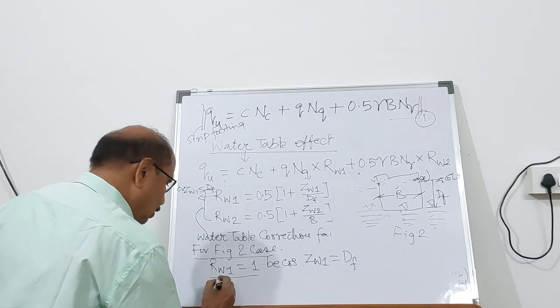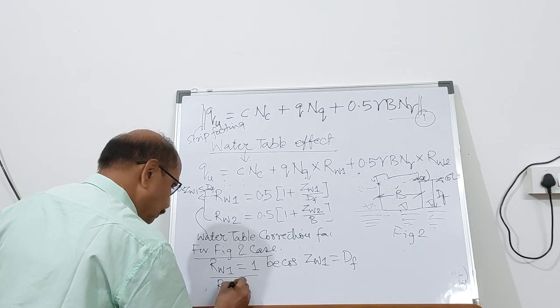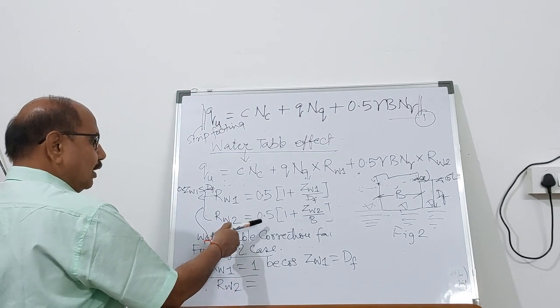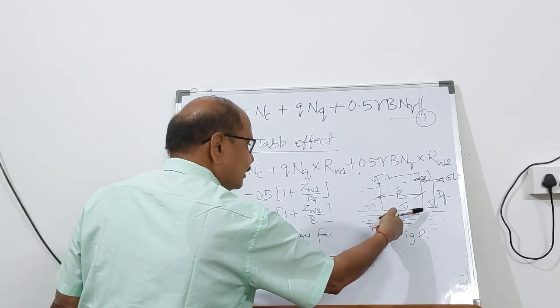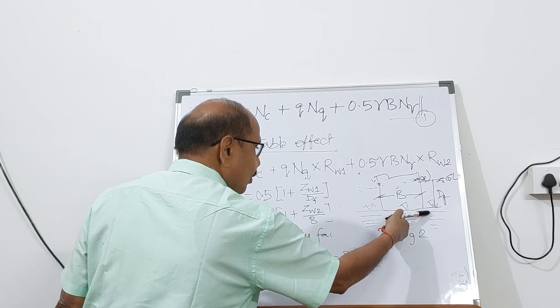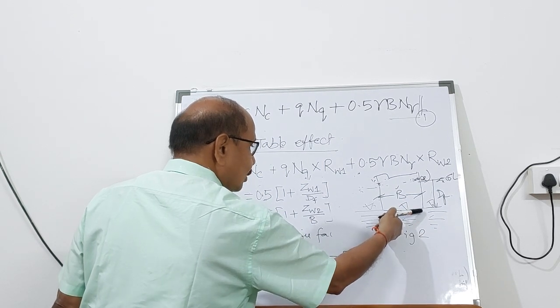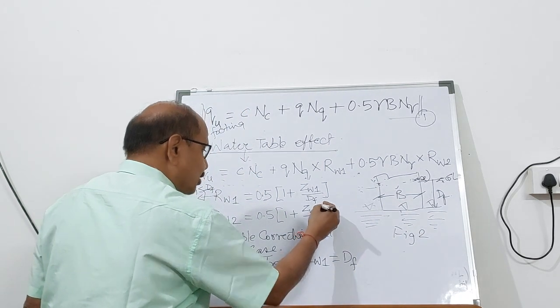And for case 2, RW2 can be computed. It is 0.5 into 1 plus ZW2 by B. What is ZW2? ZW2 is always taken from the base of the footing. Since the water table is touching the base of the footing, ZW2 is measured below the base of the footing and is therefore 0.